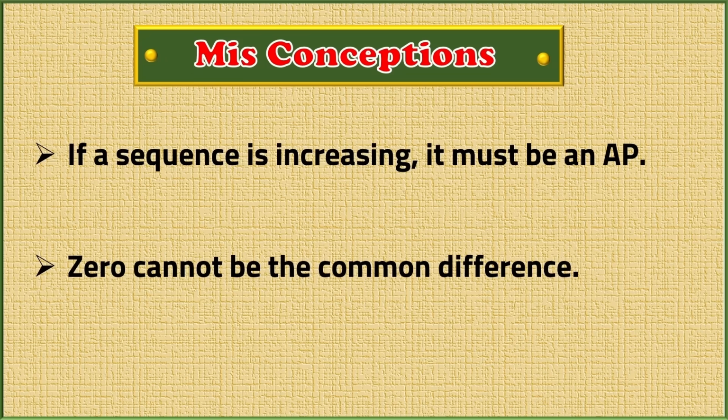But when d is equal to 0, the arithmetic progression is a constant, repeating the constant. Here is an example: 6, 6, 6, 6, and so on. It is a rare arithmetic progression. That's why students think that 0 cannot be the common difference.